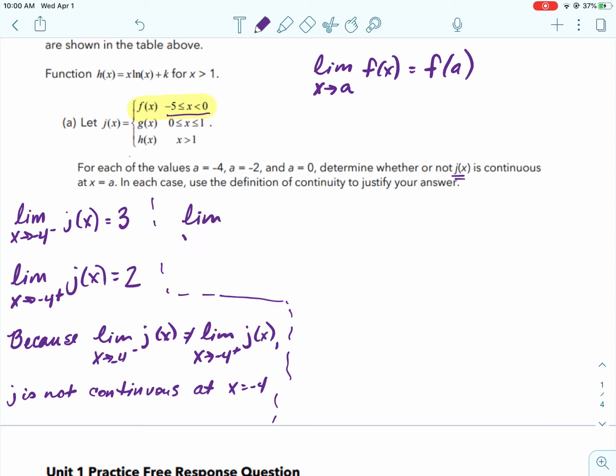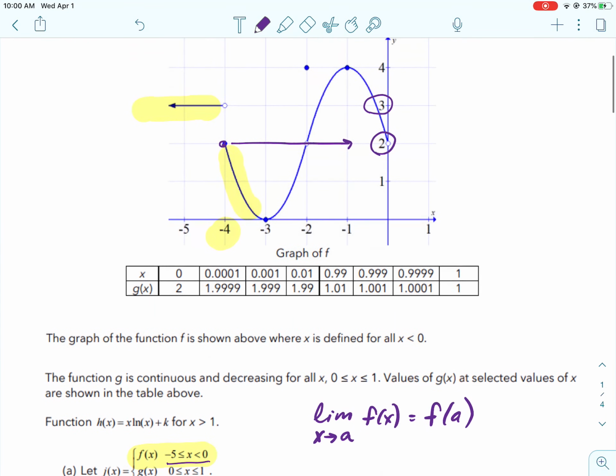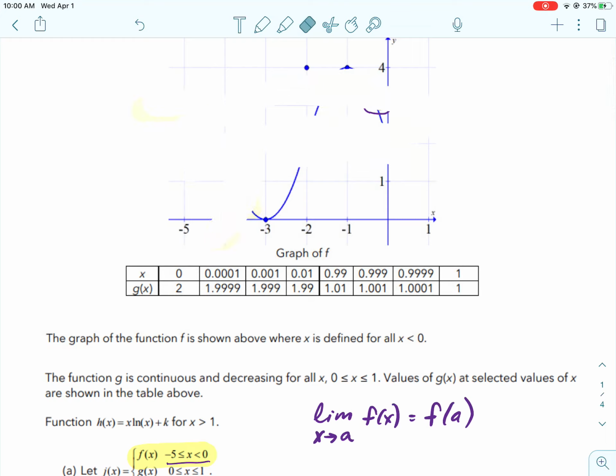All right, for the second case, we are going to do the same thing, but with -2. -2 still falls in that range of numbers that we use for the graph, because -2 is between -5 and 0. So we're going to go back to the graph and look at what's going on as x approaches -2. I'm going to start at the left.